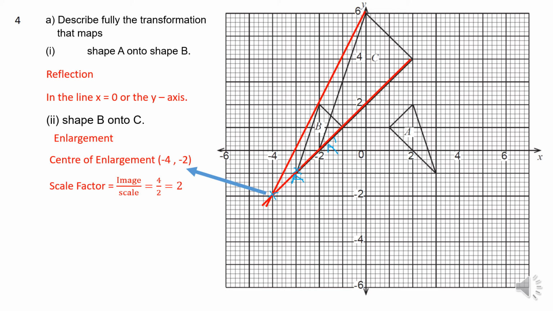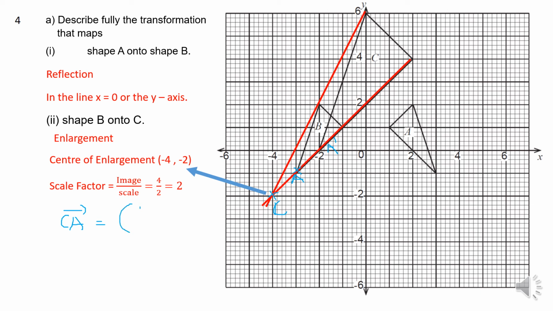So from my center, let me call it C, to A, I'm going to get 1 unit.